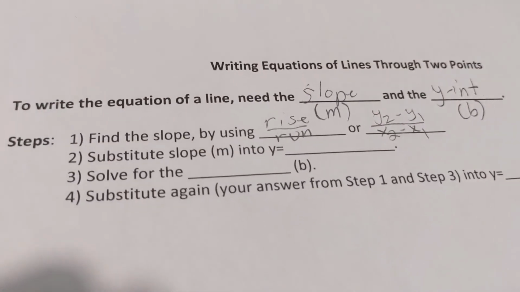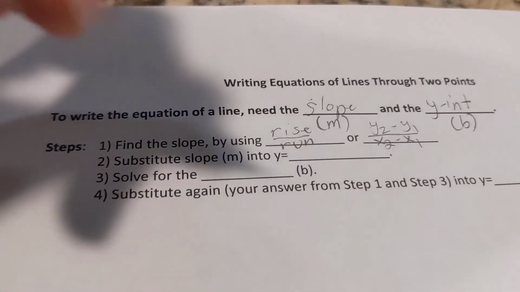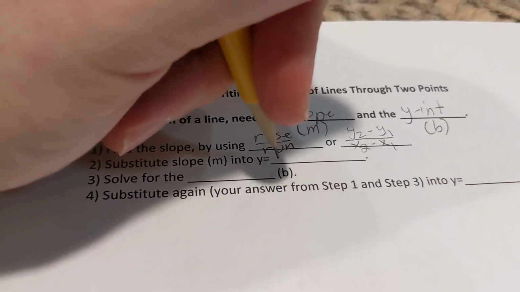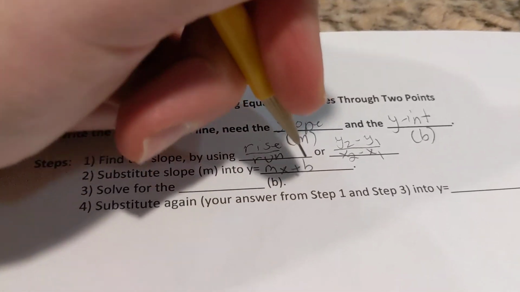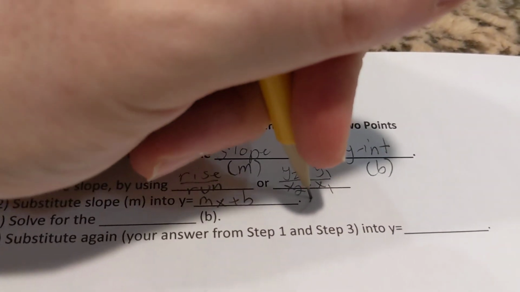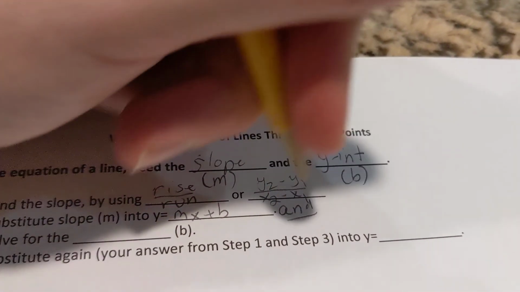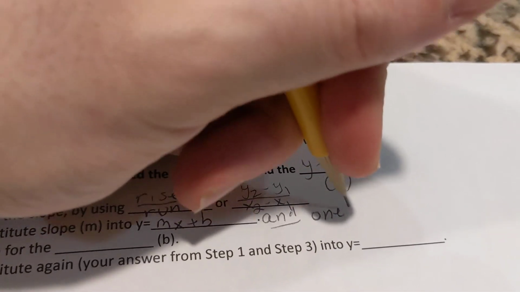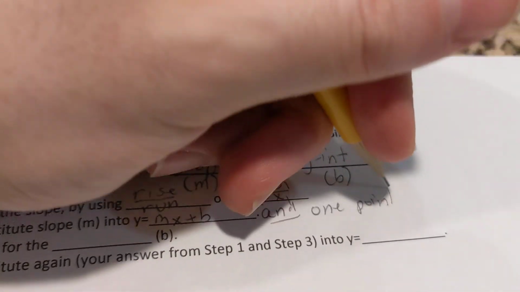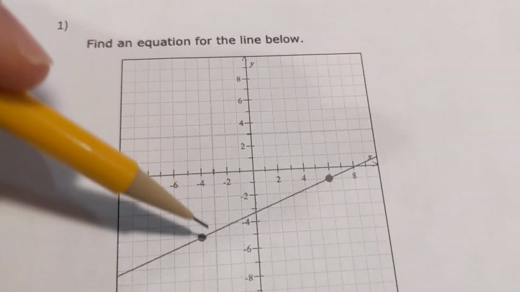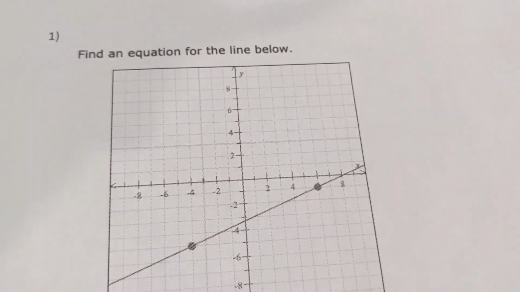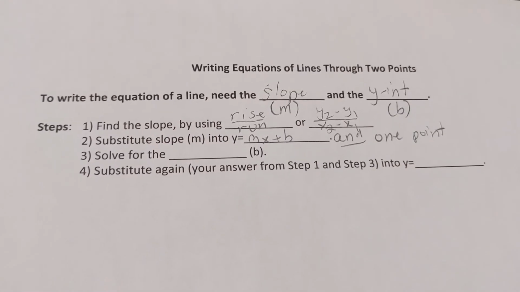So then in step 2, once we have that slope, we're going to substitute that slope into y equals mx plus b. Okay, and something I want to add into your notes, and 1 point. What do I mean by that? Well, we have 2 points dotted in on this graph, right? So I'm going to substitute either this point or this point. Doesn't matter which. Okay?